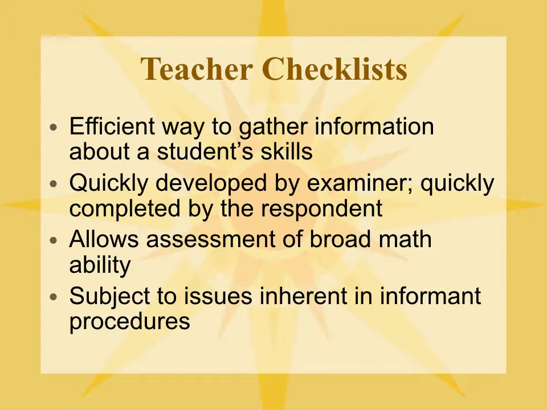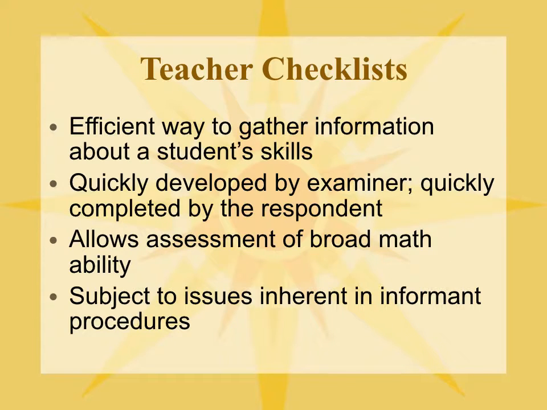We can also utilize teacher checklists as another method of informal assessment. This can be a very efficient way to gather information about a student's skills, but always think about the implications of both informant procedures and informal techniques when we're gathering information, under those two categories. Just think about the implications of, when we're relying on others to give us information and when we're relying on an informal evaluation procedure.